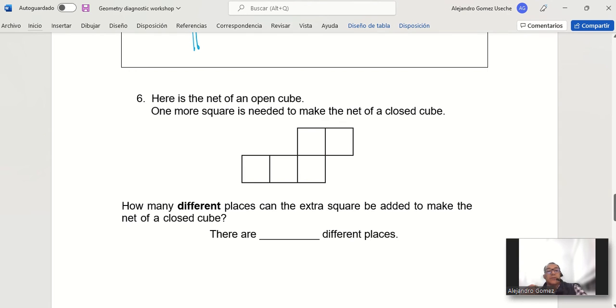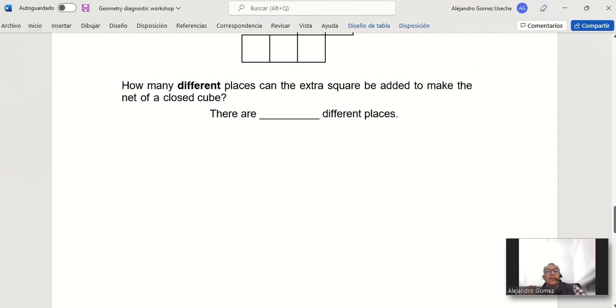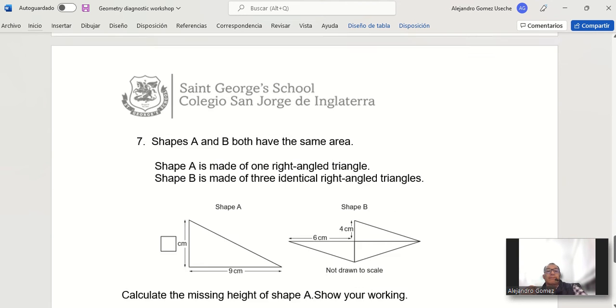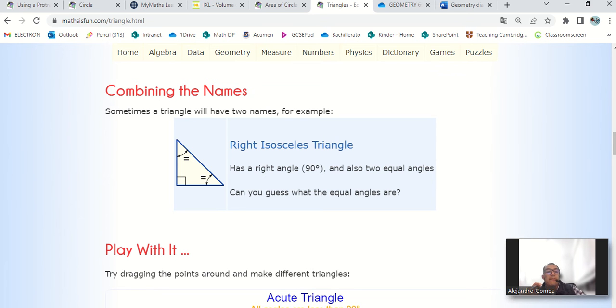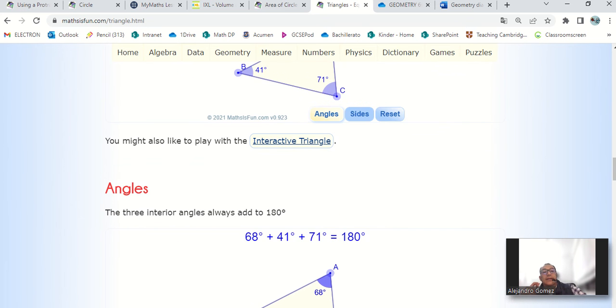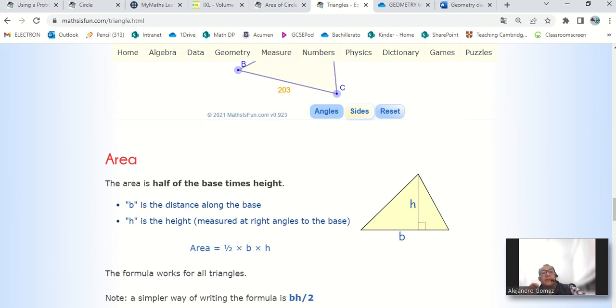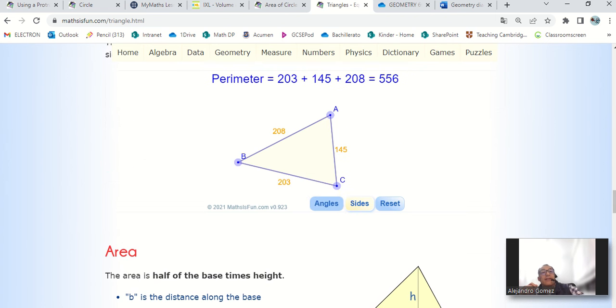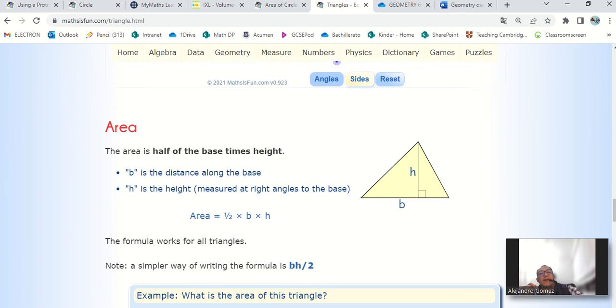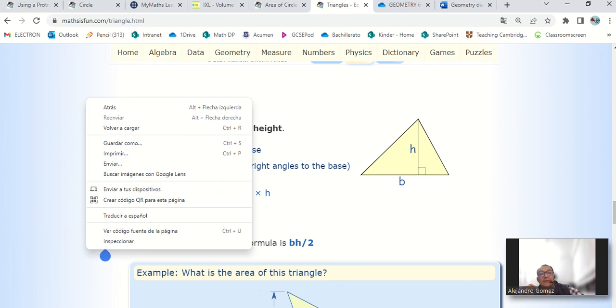Well, we move on, and this one talks about area. The area of a rectangle, the area of a triangle. So over here, I found some exercises for the triangles, to find the area of the triangle.